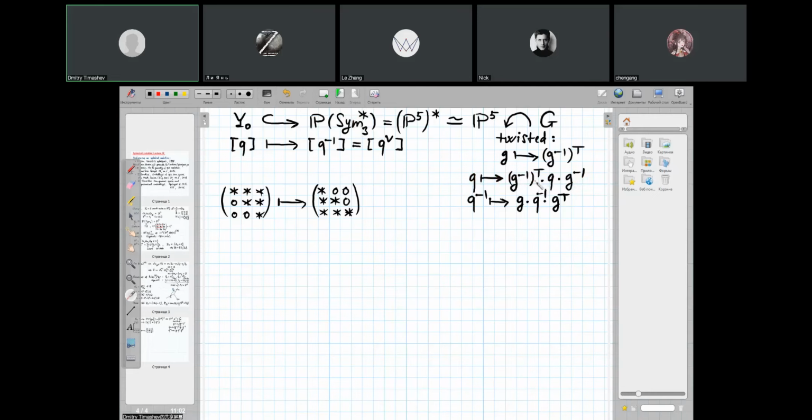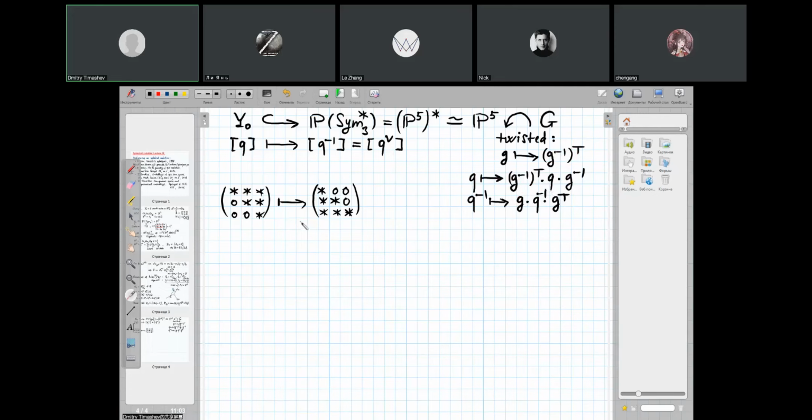And the matrix of G will be replaced by the matrix of the dual transform in the dual vector space. The matrix of the dual transform is this one. I see. Thanks. Maybe I'm skipping some details, but you can figure out all details by yourself. This is just from the definition of the action.